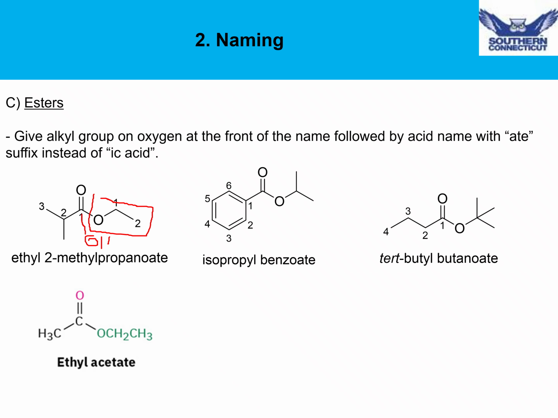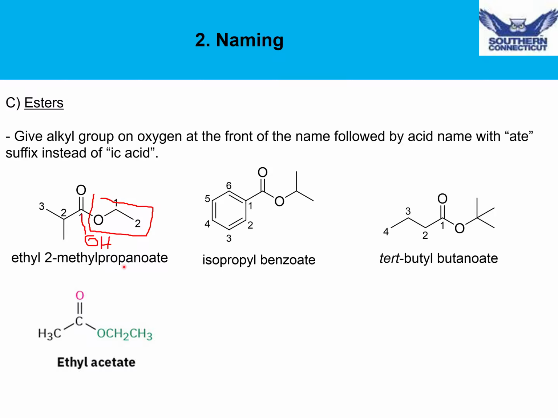If we were going to name this carboxylic acid, we would name this as, since it has 3 carbons, so it has 1, 2, and 3, this would be named as propanoic acid when it's a carboxylic acid. It has a methyl group on carbon 2, so it would be named as 2-methyl propanoic acid if it was a carboxylic acid.